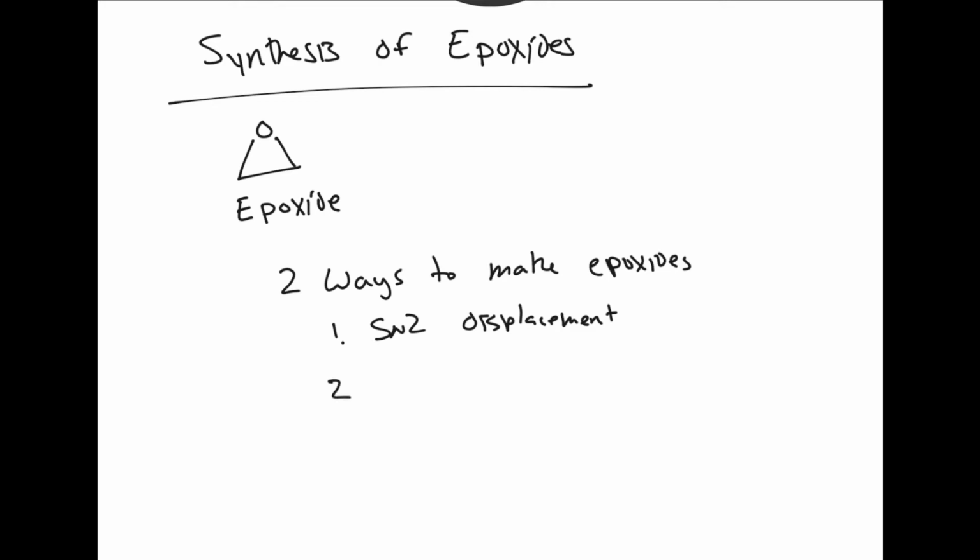The second way is the oxidation, where we take double bonds and we oxidize them to make the epoxide. Those are our 2 ways to make epoxides. So we're going to start out talking about the Sn2 displacement stuff, and then we're going to do the oxidation stuff at the end.